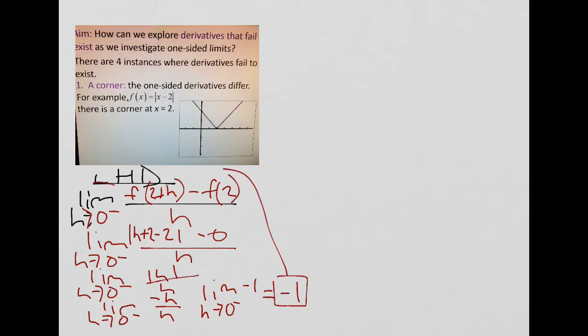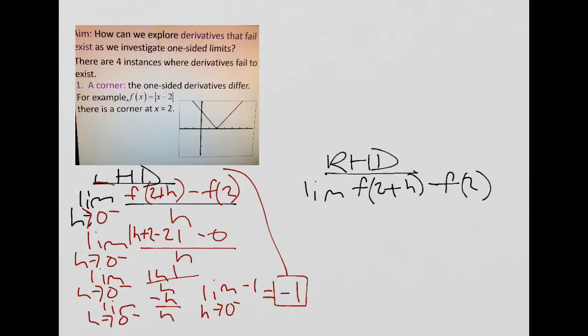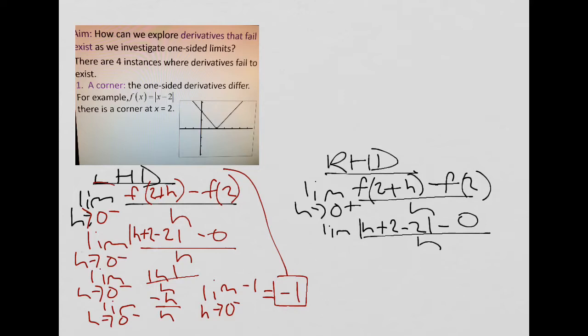So let's look at our right-hand derivative. So the limit of f of 2 plus h minus f of 2, that was supposed to be a plus, over h, as h approaches 0 from the right. So it seems like it's the same thing, but remember we're going from the right-hand side, so that absolute value is the positive h over h.